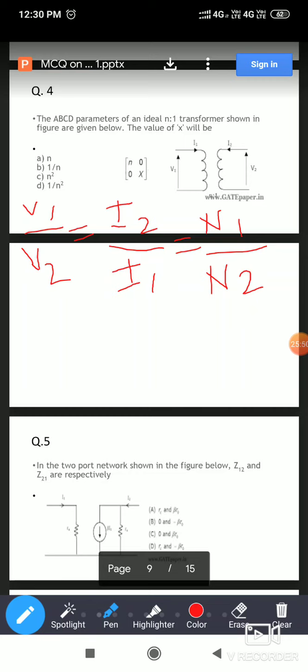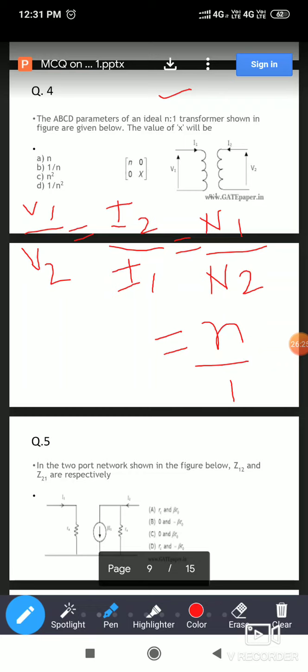So V1 divided by V2 is equal to I2 divided by I1 is equal to n to 1. Okay, so this you can keep on one side.